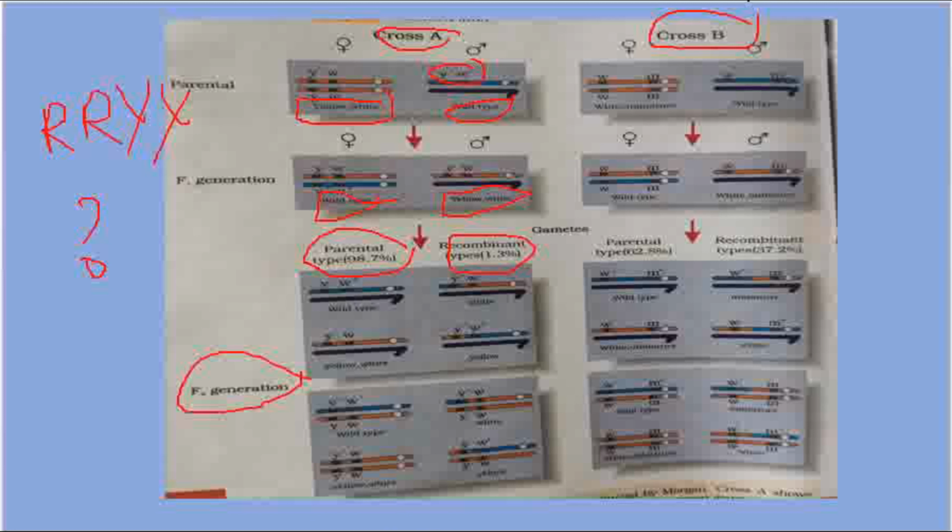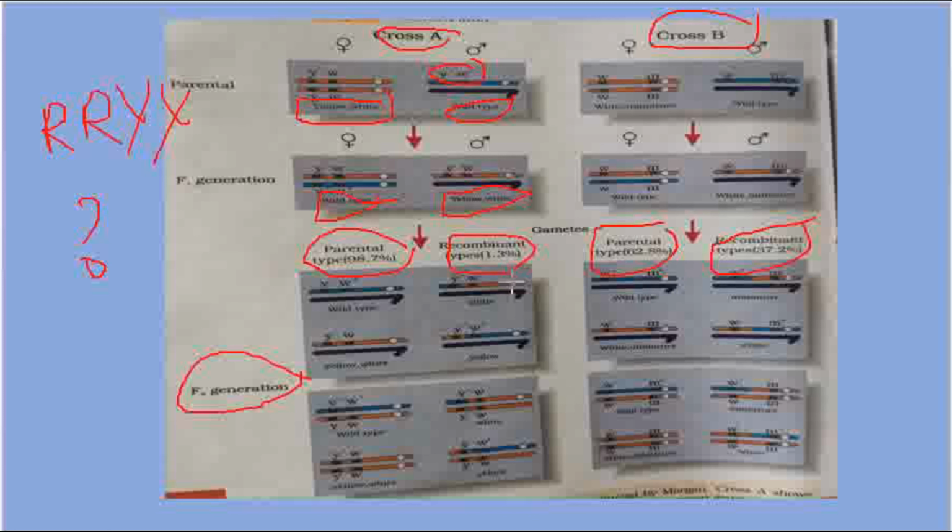And coming to the cross B, so the male and the female genes here, the wing trait was taken, right, white and the miniature wing, and the wild type is given, so it will be a big wing. So how the parental type and the recombinant type was expressed here? So here the recombination was very high, it was 37.2%, but the parental is 62.8%.